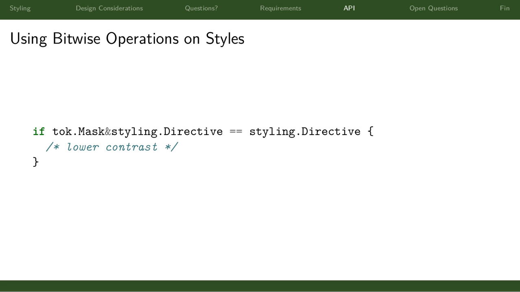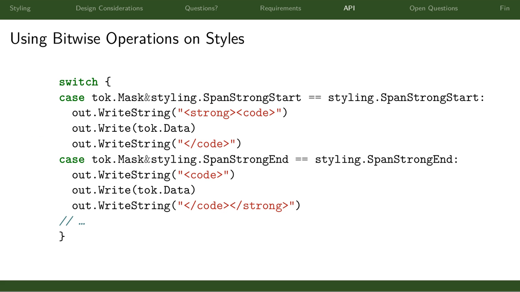If you're not used to bitwise math, this probably isn't the most readable thing in the world. But it does make it really easy to do things like, if we wanted to write a converter that outputs HTML, we can have a big switch statement, or in other languages, this would probably be an if-else block, where we check for individual styles, and then we write output based on those.